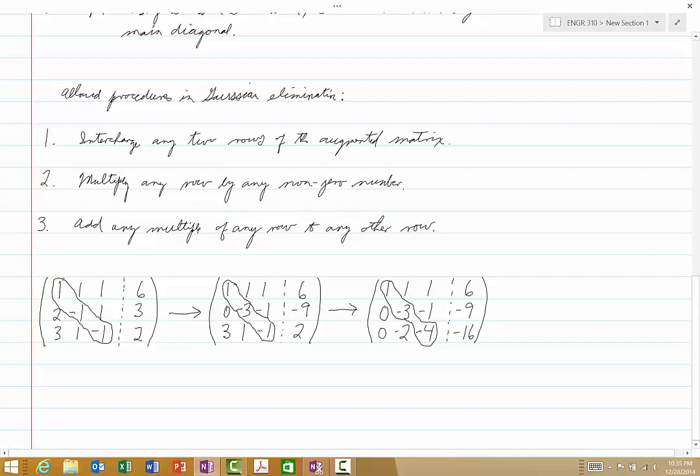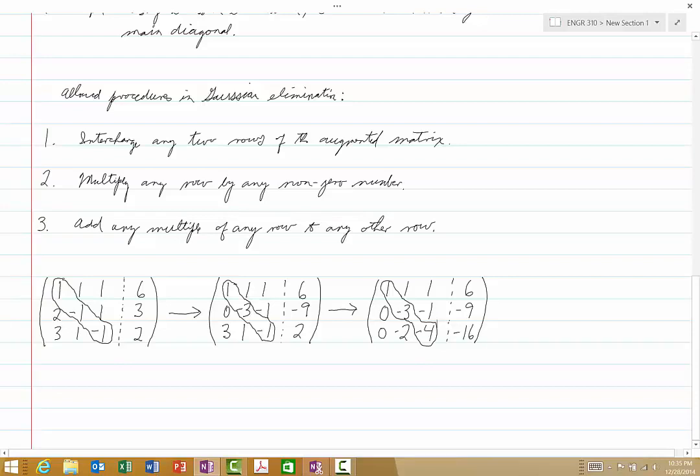So we would mess up this 0 that we have right here. Instead, what we want to do is add a negative 2/3 times the second row to the third row. This won't mess up the zeros here, but it will introduce a zero here.